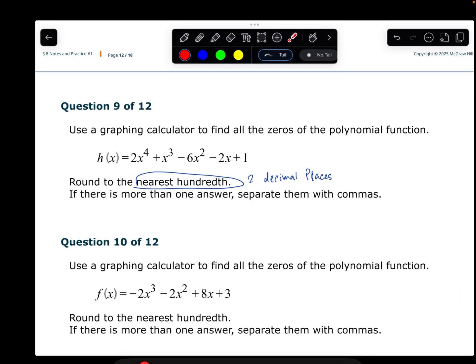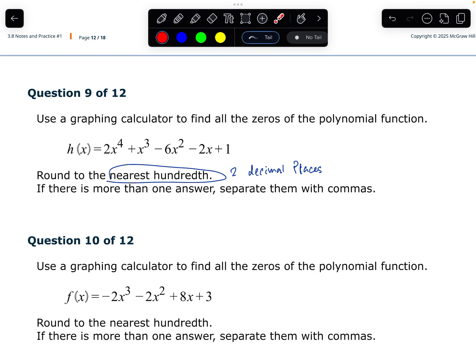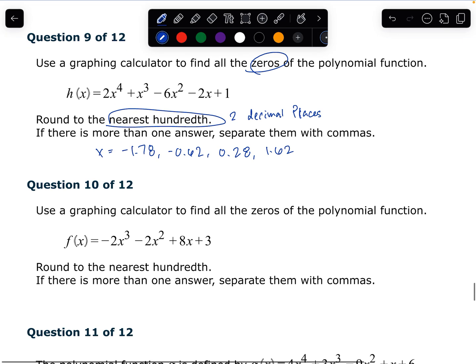So that's what I'll put into my answers here. So find all the zeros. So I'm going to have x is equal to negative 1.78, negative 0.62, 0.28, and 1.62.